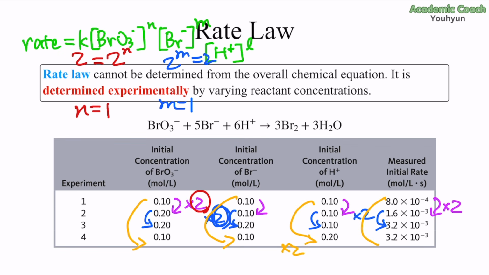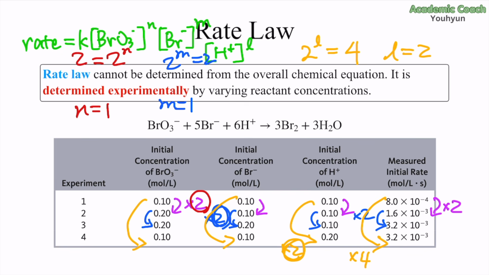And this time, the initial rate actually quadruples, from 8 times 10 to the negative 4 to 3.2 times 10 to the negative 3. So I'm going to plug this 2 into the position of the protons. So 2 to the power of L is equal to 4. 4 is how much the initial rate changes from experiment 1 to 4. Then L is equal to 2.